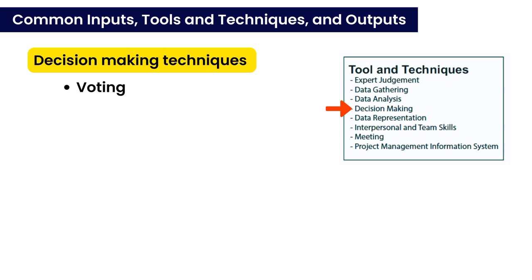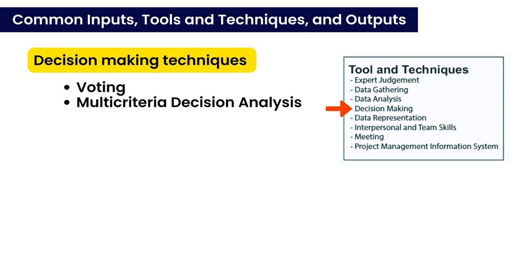Majority rule, where the option with the most votes wins. Unanimity, where everyone must agree. Or plurality, where a majority is not obtained but the decision is still chosen. Multi-criteria decision analysis. This involves creating a matrix listing various criteria to evaluate options.